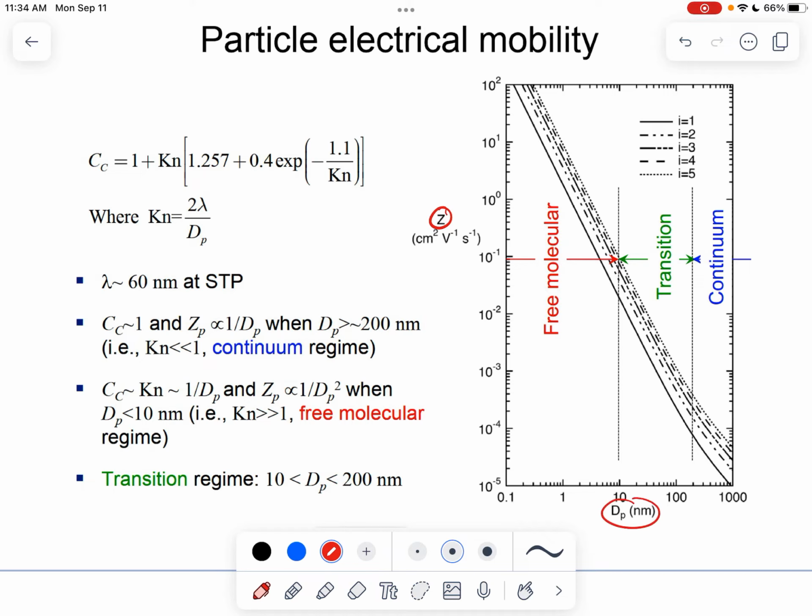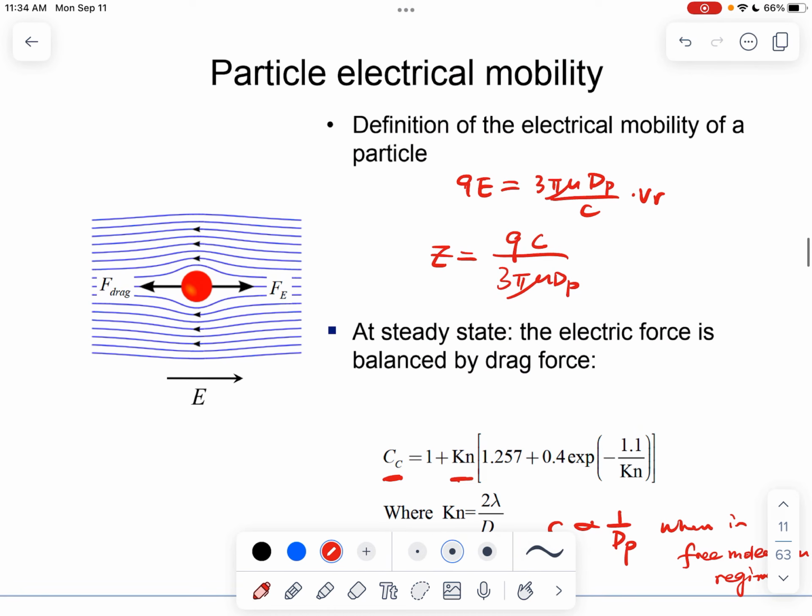Okay. So here it's further plotting some more relationship between the electrical mobility and particle size. If you recall for this equation here, the electrical mobility is inversely proportional to particle size. And also here you have this C factor. So basically this means that if you have a larger particle, its electrical mobility is going to decrease. This also makes sense, right?